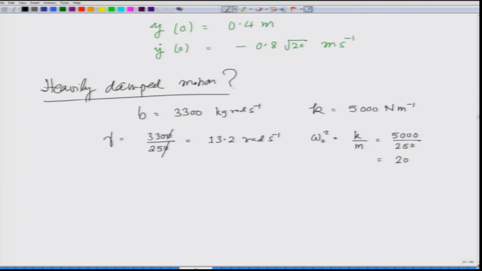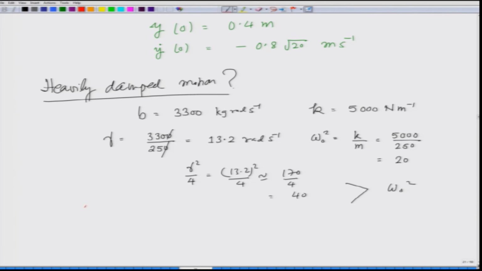So, now gamma square over 4 is going to be 13.2 square over 4, roughly 170 over 4, which is about 40, which is greater than omega 0 square.